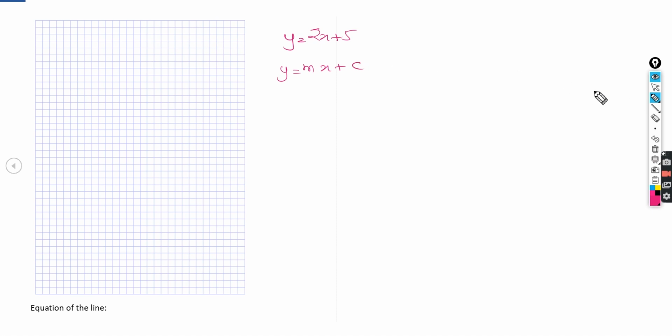Over here, what does this tell you, or what does this signify? This signifies that m being the gradient over here, so this is 2.